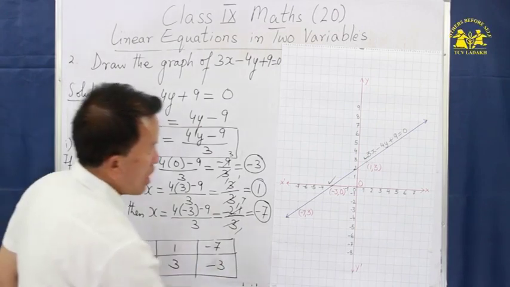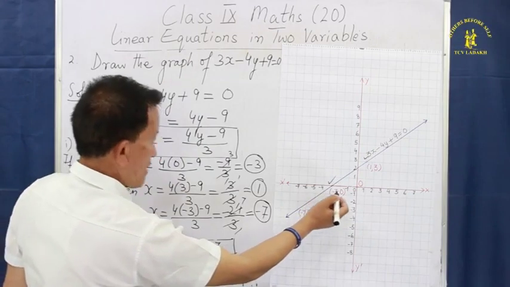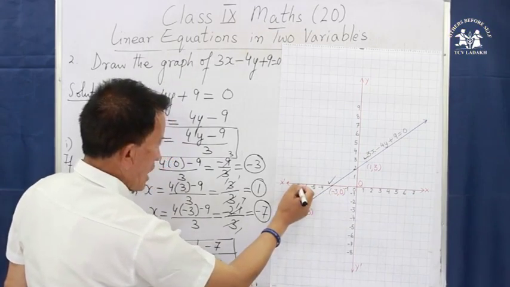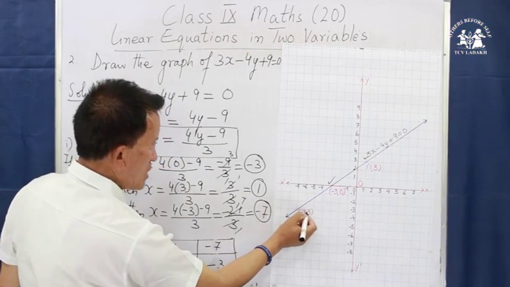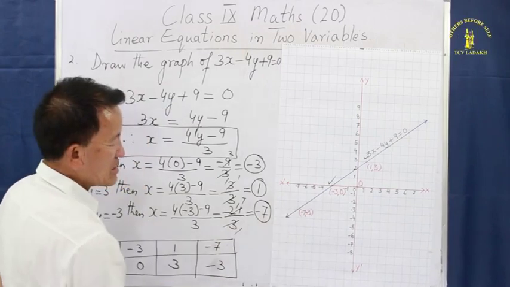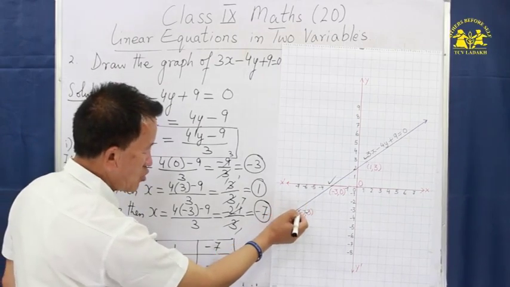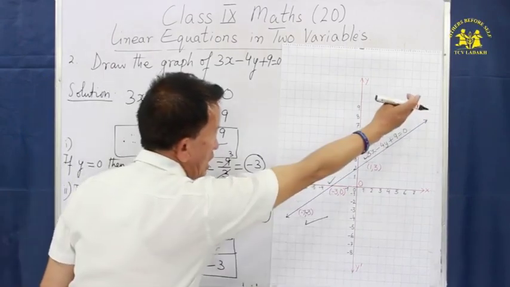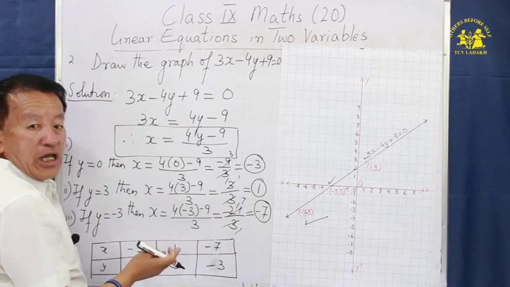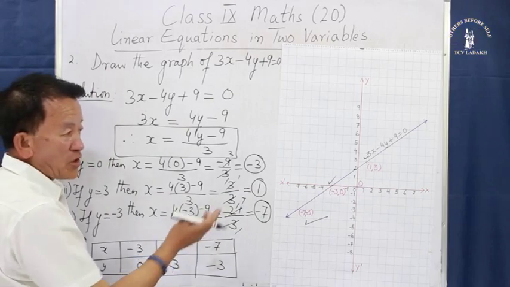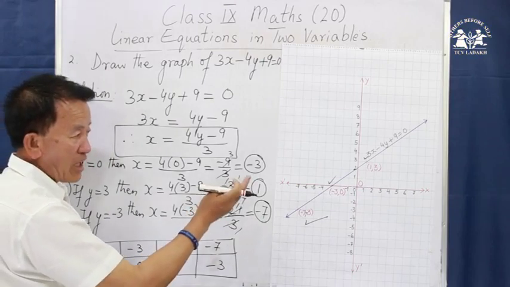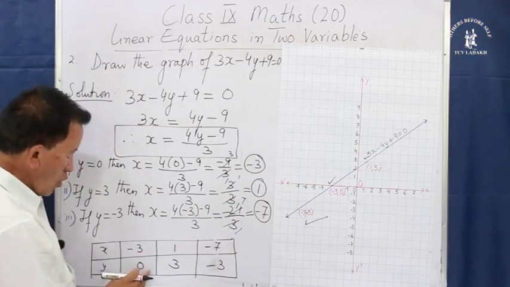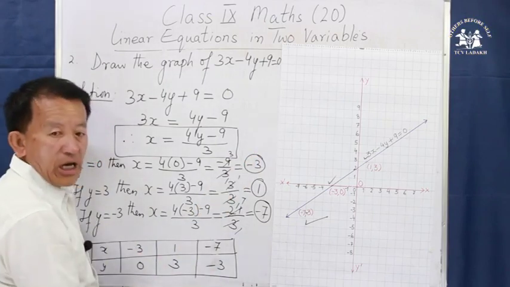So let's check minus 7. Y is minus 3. So let's say minus 1, minus 2, minus 3. So this point exactly falls on the given line of the given equation 3x minus 4y plus 9 is equal to 0. So that means all the points that we have taken are correct.